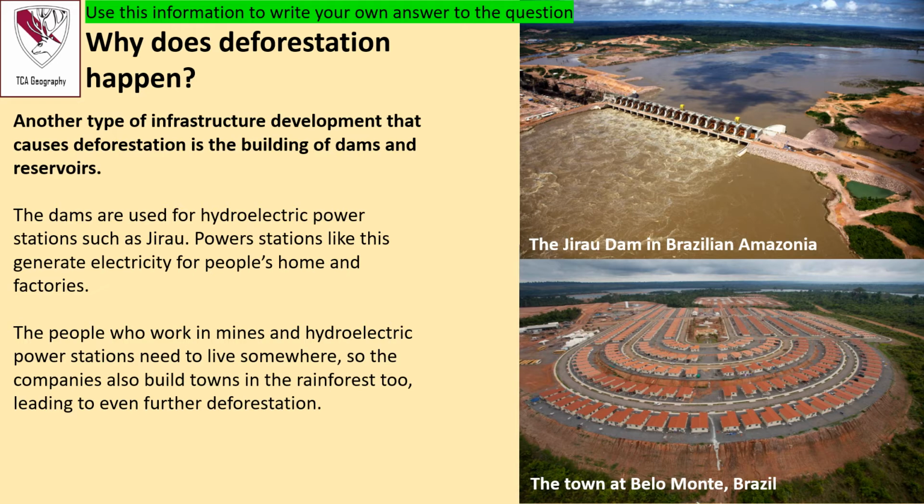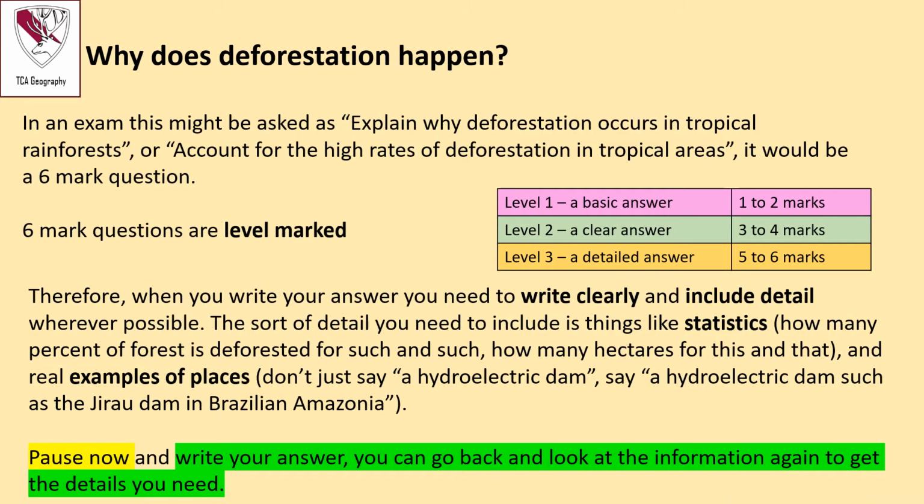So we've seen how deforestation is caused by agriculture, mining, infrastructure, and even urban development, like the building of a town. Now, in an exam, this question, how does deforestation happen? Why does deforestation happen?